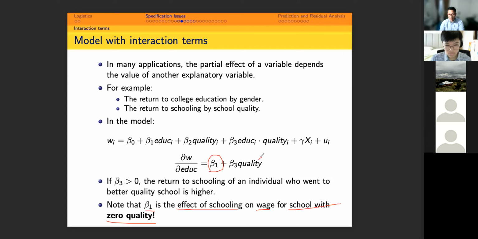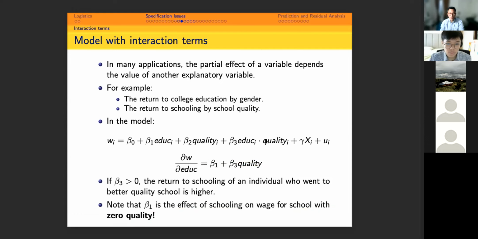Suppose that this quality is equal to 0, then basically this is 0 as well. And so the partial effect beta 1 illustrates the effect of schooling for those with 0 quality of school. Now, of course, we're not interested in evaluating the partial effect of schooling for people with 0 quality. So this is the issue.